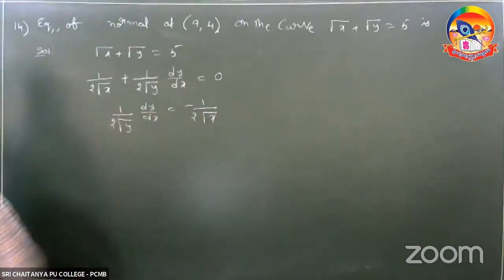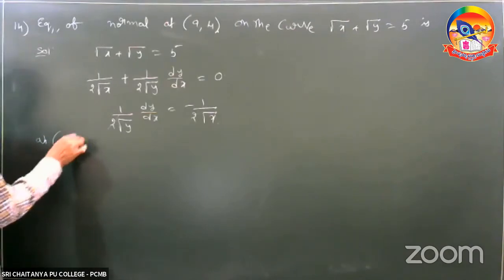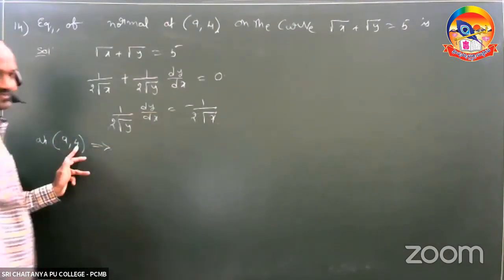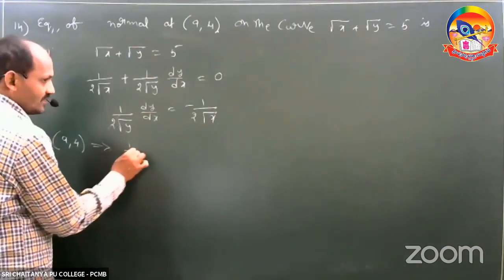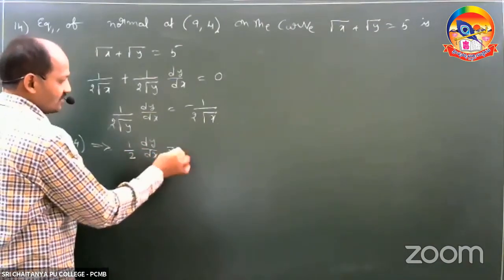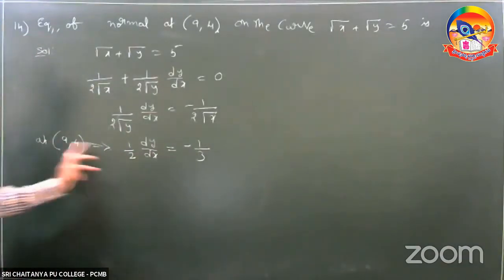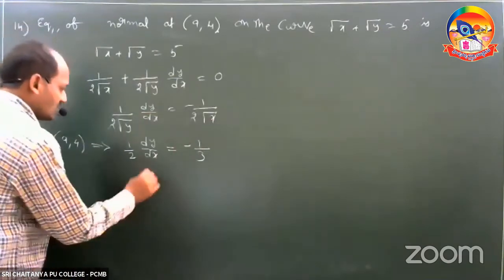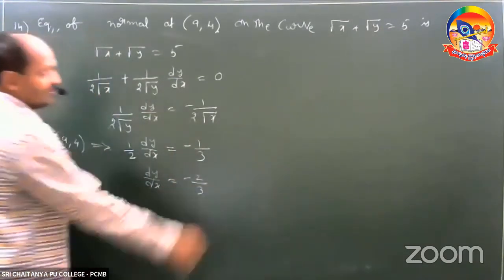Both sides, 1 by 2 cancels. At 9, 4, the y coordinate is 4. Root 4 value is 2. The x coordinate is 9. Root 9 value is 3. So here dy by dx is equal to minus 2 divided by 3.